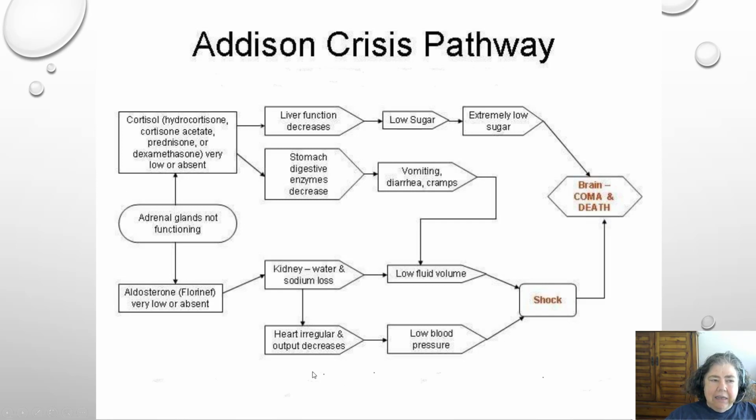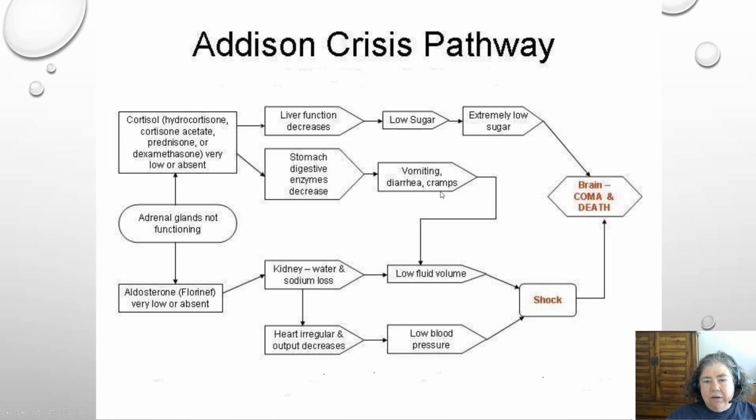This is a slide illustrating that crisis in Addison disease, where while all of these things are already true, the adrenal glands aren't functioning, they're not making cortisol, they're not making aldosterone, and this person is not getting enough exogenous cortisone, prednisone, or dexamethasone. Everything quits working. So the liver function decreases, digestive functions decrease, blood sugar goes way down.